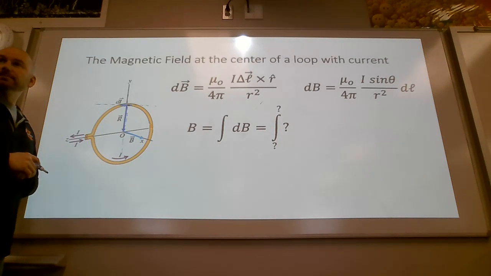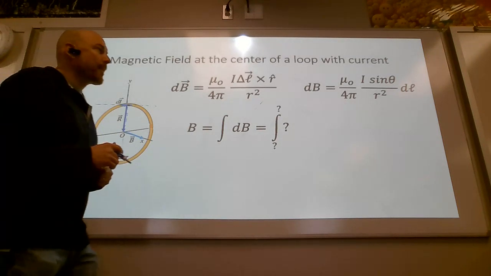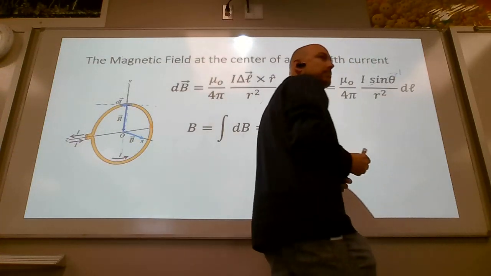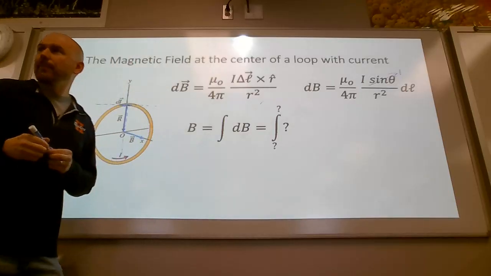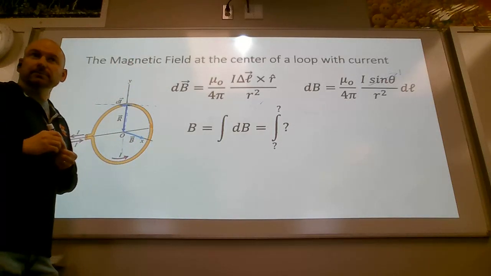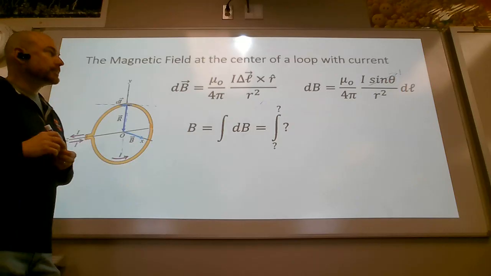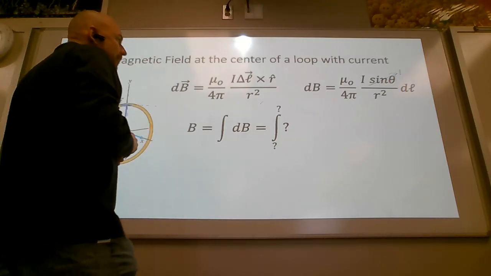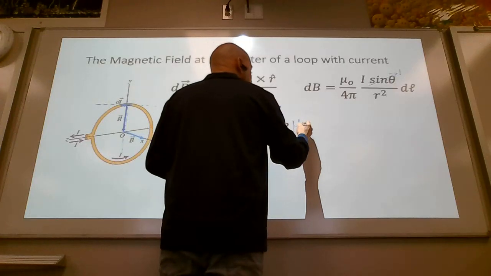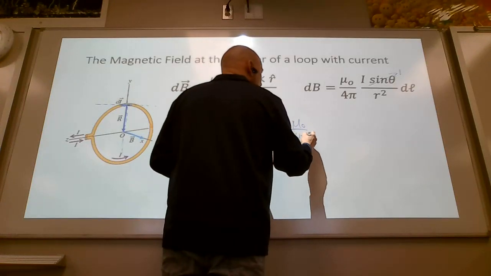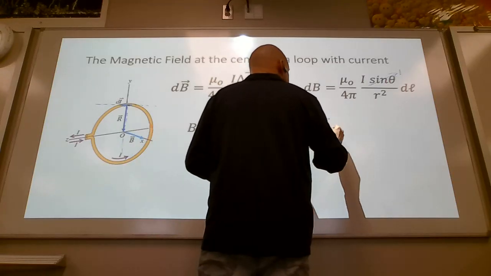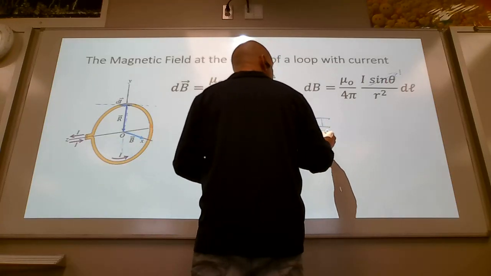All of it. You okay with that? Okay. So this just goes to 1. You all right with that? Okay. So you've got mu naught over 4 pi is equal to I over r squared.